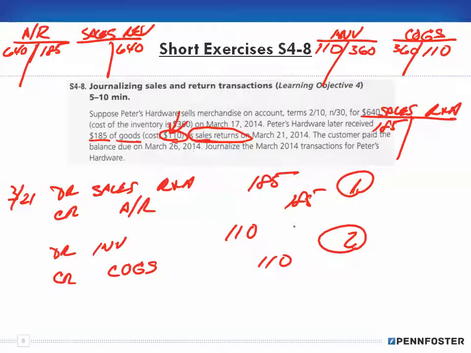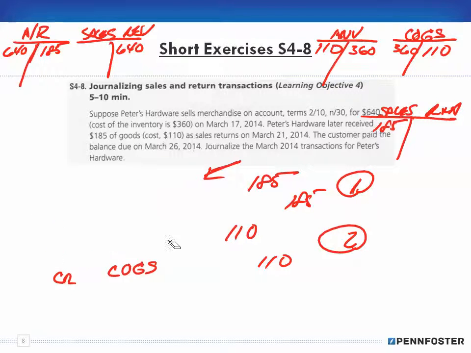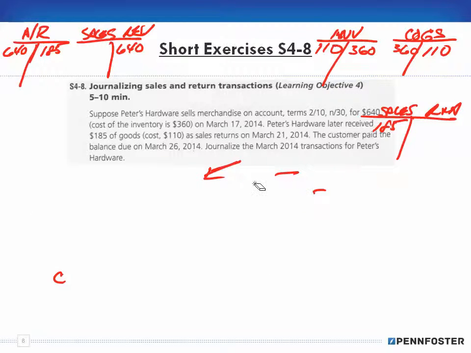Remember, all we're doing is just reversing our two entries that we made for the sale, with the only difference being that instead of using sales revenue, we're using the sales return and allowance account. Okay, so that takes care of the transactions for what happened on 3/21. Now we're up to 3/26.